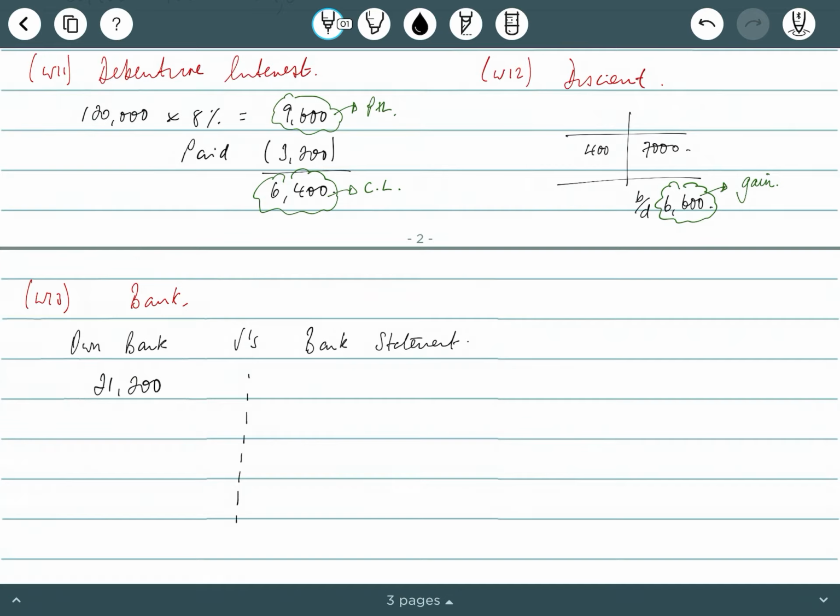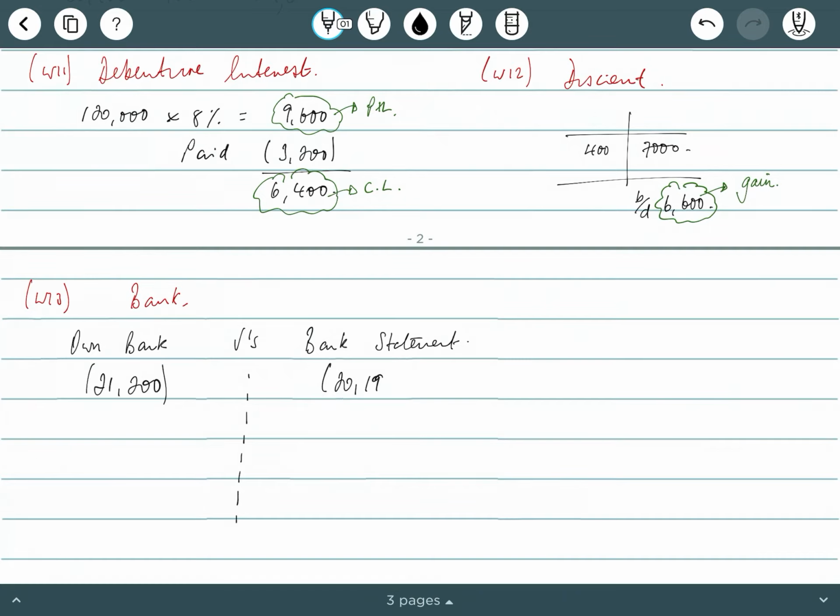The figure for the bank in the trial balance we take from the firm's bank. However, a bank statement arrived, and the bank statement gave us an overdraft also of 20,190.